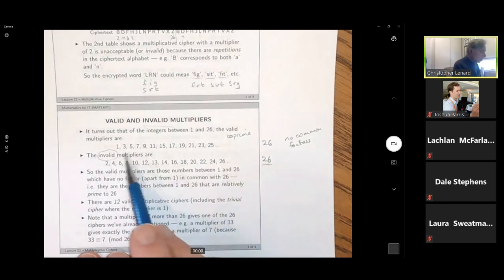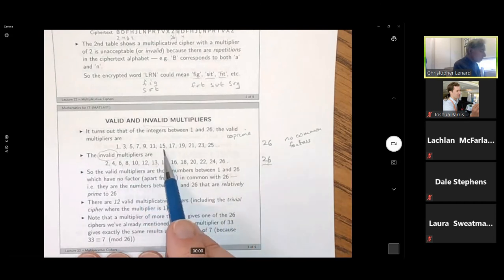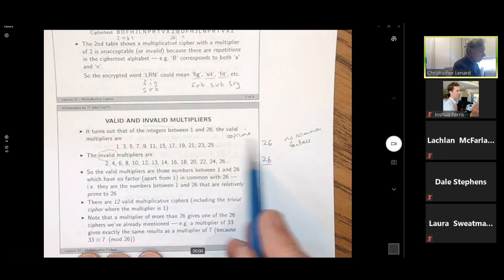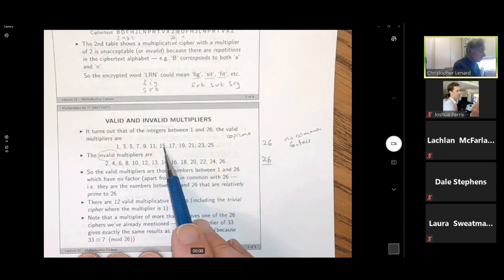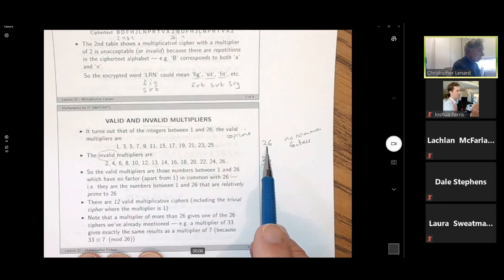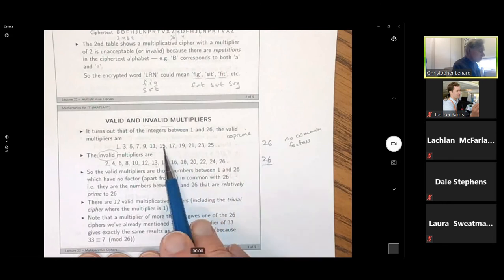So they're not just the prime numbers, but there are extra ones like 15, which are co-prime to 26. There's no common factor. So what are the factors of 15? 1, 3, 5, and 15. What are the factors of 26? Apart from 1, well, 2 and 13 and 26. So no factors common to those.